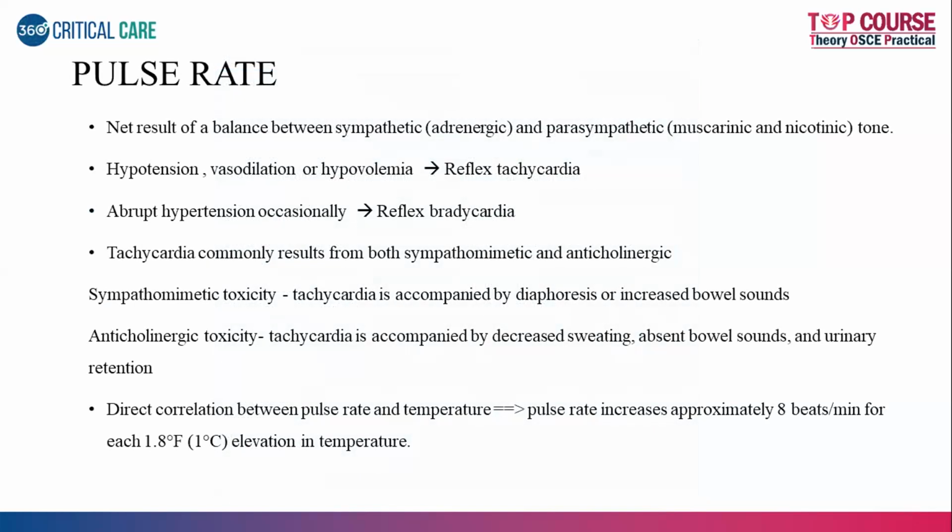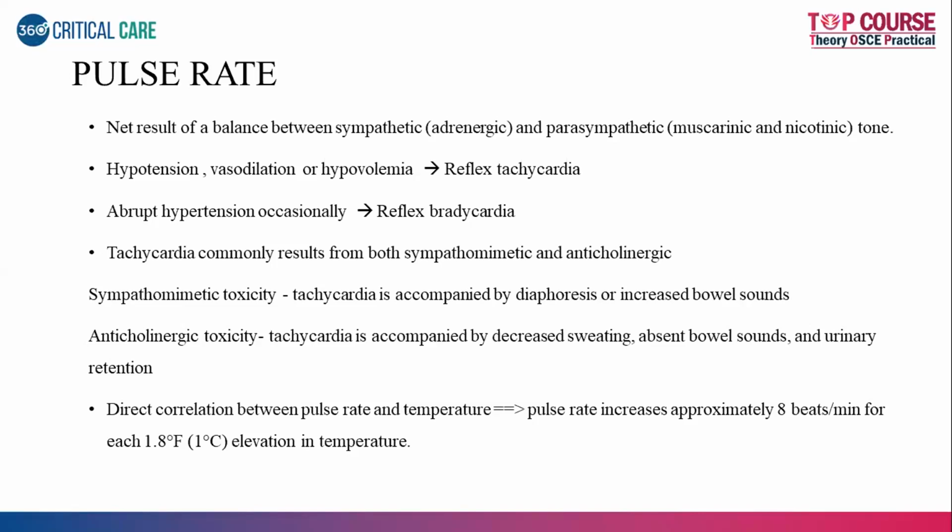Now, the second important vital sign is your pulse rate. For a normal pulse rate, there should be a balance between your sympathetic and parasympathetic tone. Reflex tachycardia usually occurs because of hypotension, vasodilatation, or underlying hypovolemia. Reflex bradycardia occurs when there is an abrupt hypertension, which occurs occasionally. Usually tachycardia is common in two important poisonings, the sympathomimetic drugs and the anticholinergic drugs.